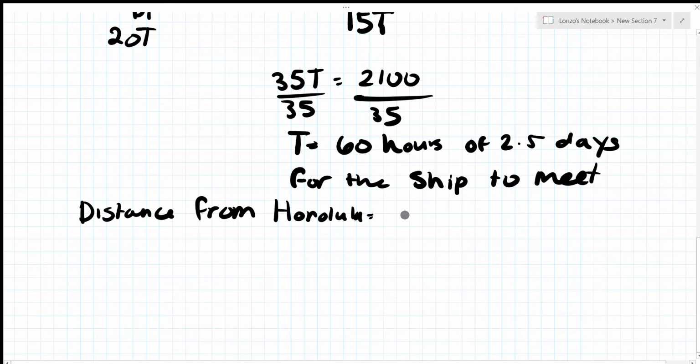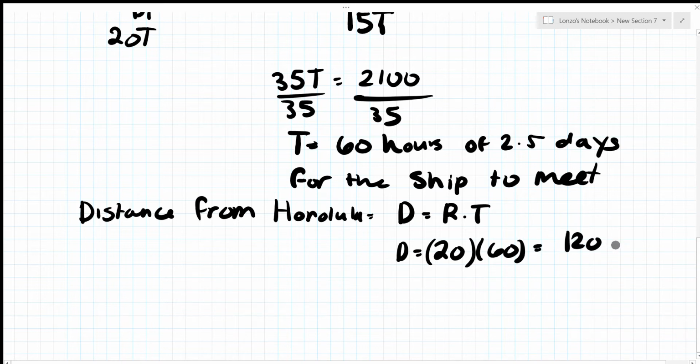So what is my distance? We know that distance is the same thing as rate times time. So what is our rate? Our rate is 20, right? And then our time is 60 hours. So times it by 60. So that gives us 1200 nautical miles. And I don't know what nautical means. Nautical miles.